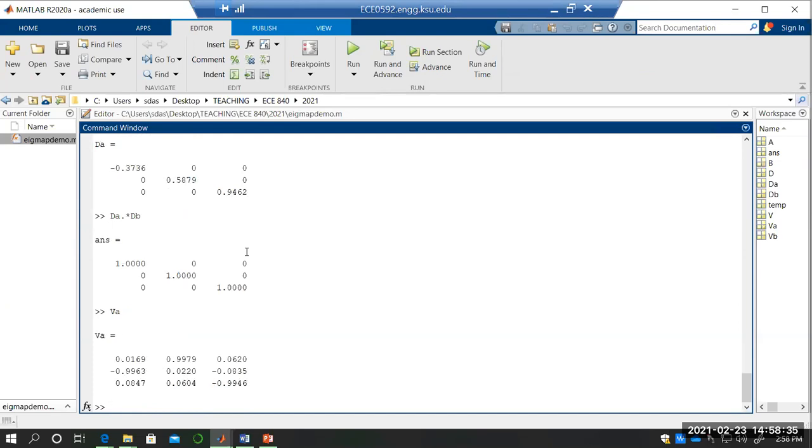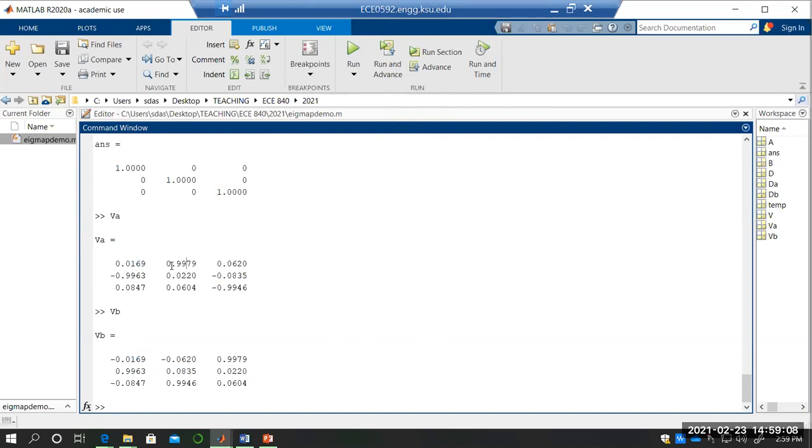VA, remember that we swapped the second and third places, and VB. You see the first columns are the same, right? Ignore the negative. Eigenvectors are directions. If you take the negative of an eigenvector, it still is an eigenvector. So the first columns are the same except one is the negative of the other.